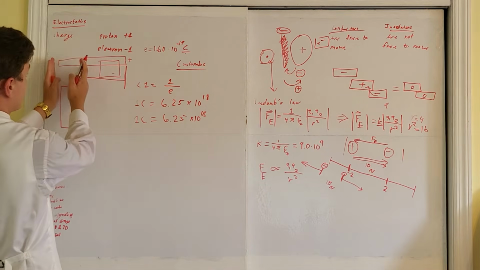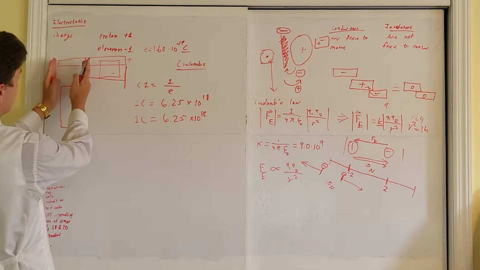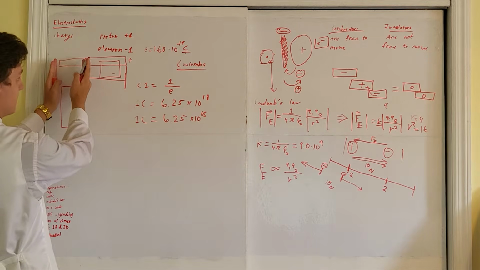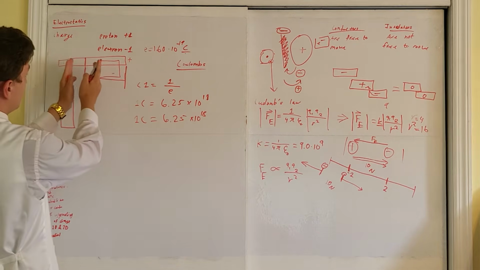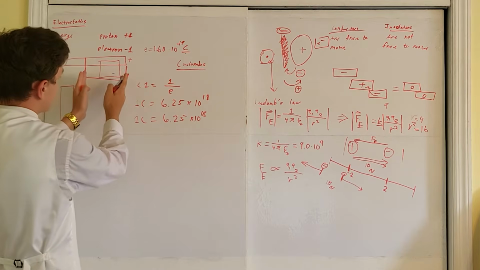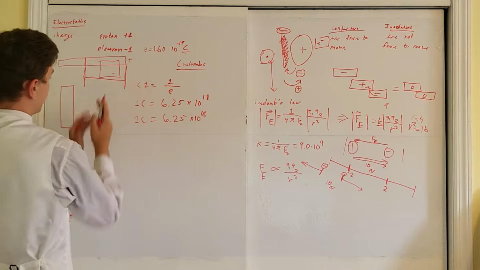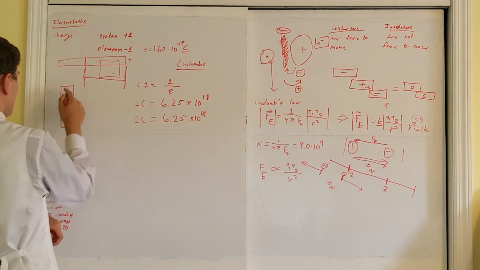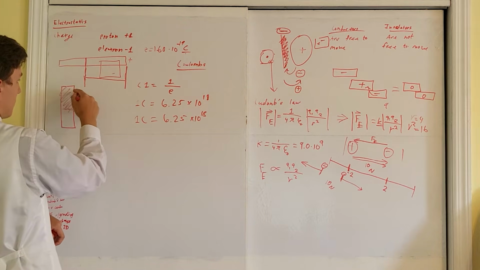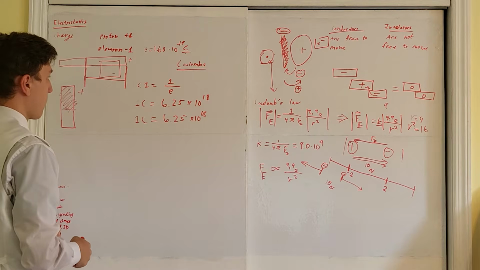If my cloth never touches this section, it means this section is still neutral, okay? So let's continue with that in mind. Let's just say that my cloth only scraped against the rod in this area. So only this top section of my rod will bear a positive charge.